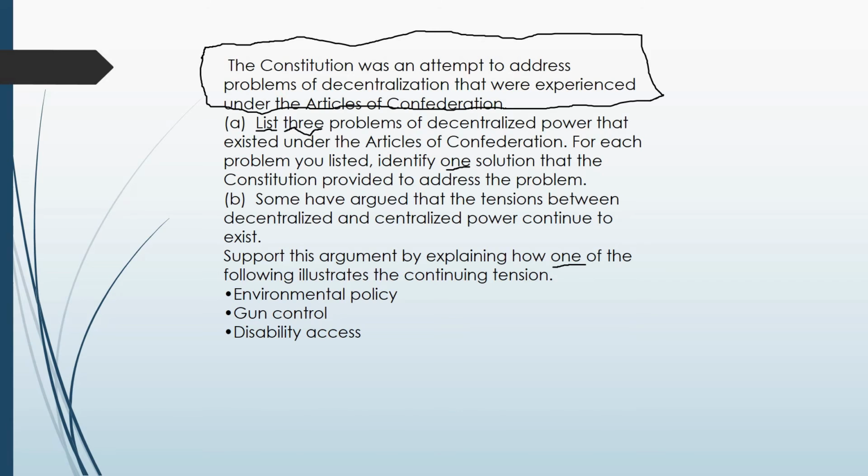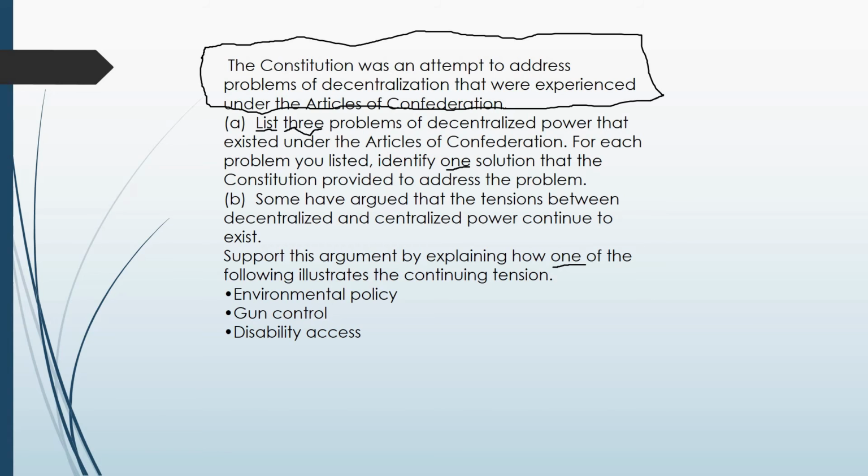If you want to look at environmental policy, you could look at the state of West Virginia. In West Virginia, there was a time when the national EPA was in conflict with the state EPA, and oftentimes the state would give mining companies the go-ahead to have a mining permit. The feds would come in and say, no, you've got to follow our rules. And in many cases, those rules were in conflict.